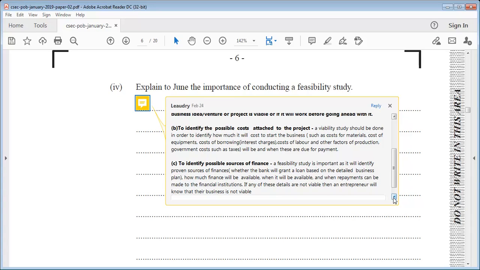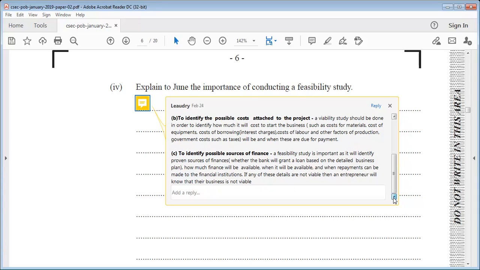If any of these details are not viable, then an entrepreneur will know that their business is not going to work. So they will not go ahead and do that.